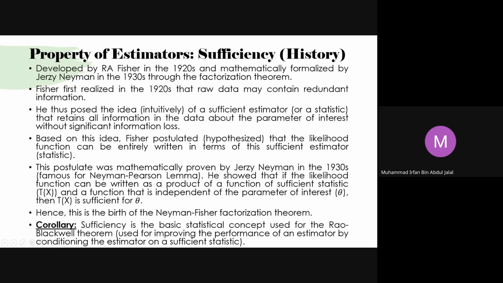Then later in the 1930s, about 10 years later, Jerzy Neyman, who is also famous for the Neyman-Pearson lemma, showed that the likelihood function can be decomposed mathematically into a product of two different functions. One is a function of the sufficient statistic T(x), and the other is a function that is independent of the parameter of interest. Then the sufficient statistic is a sufficient representation for the parameters of interest.